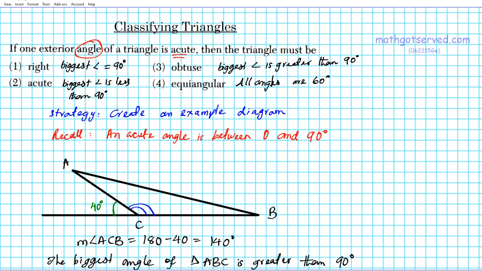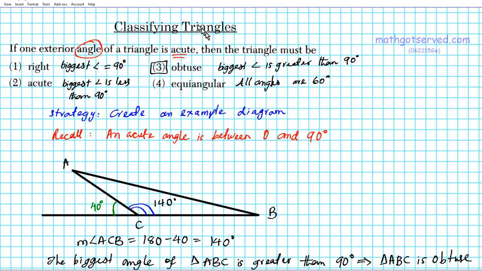So what does that tell us? It tells us that this triangle is what? If the biggest angle is greater than 90 degrees, it's an obtuse triangle. Okay, so it follows that triangle ABC is obtuse, based on what we discussed earlier. So we can clearly see that the answer is option number 3.